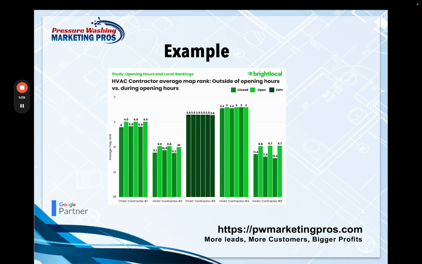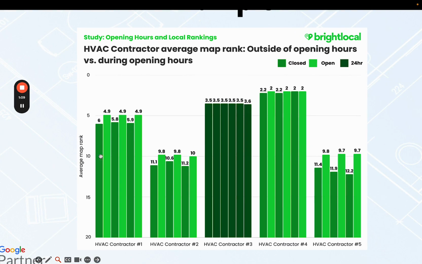As you can see, BrightLocal did a study on this for HVAC contractors, comparing average map ranking outside of opening hours versus during opening hours. Here's the first contractor. When they were closed, it's the dark green, and the light green is when they were open. As you can see in both these examples, the open and the light green is better. Now brown is 24 hours, so their rankings showed consistently the same across all hours.